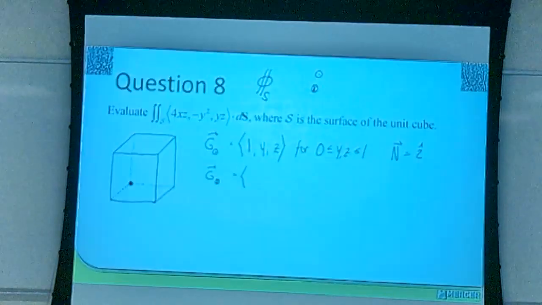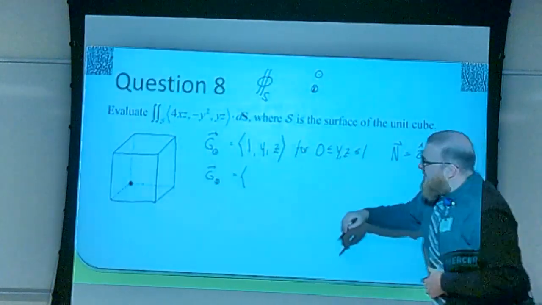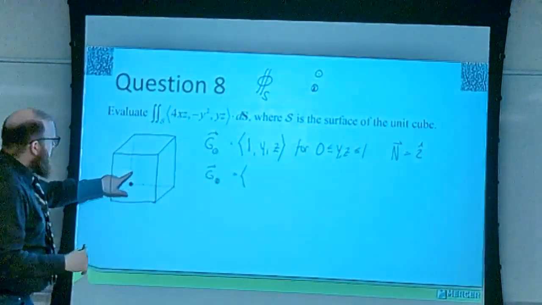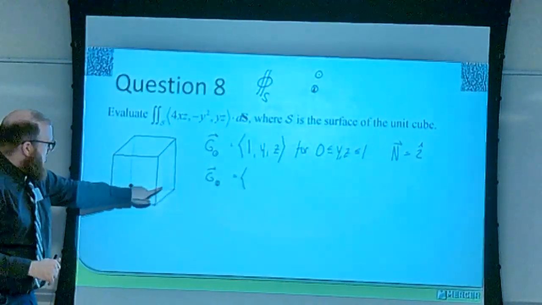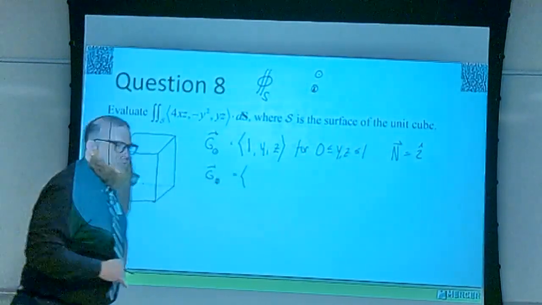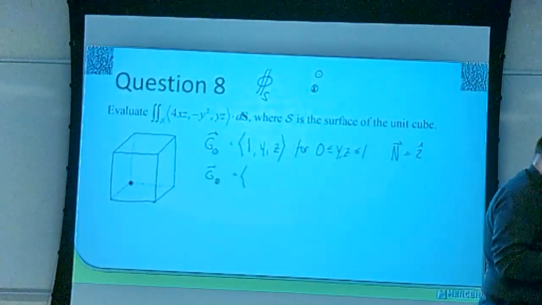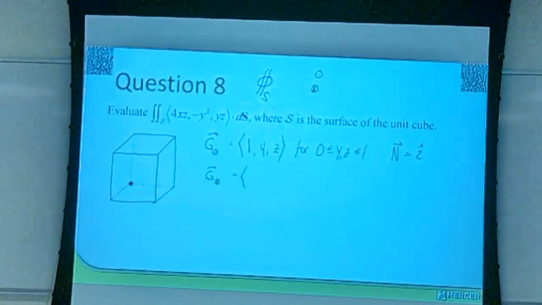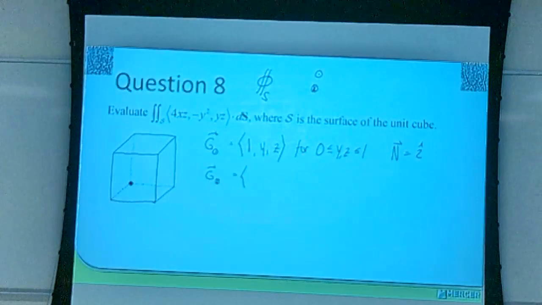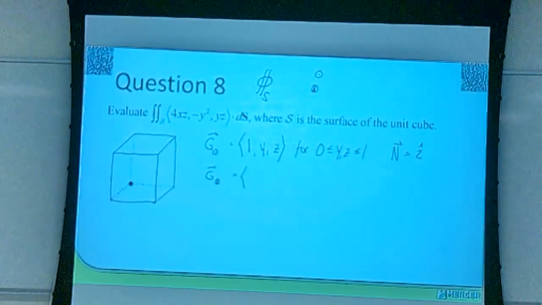The back. Oh, okay. So what's X in the back? Zero.